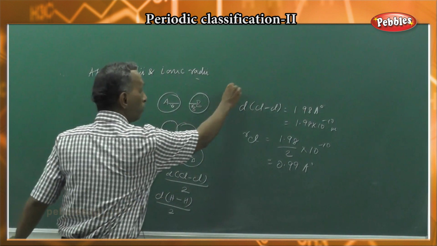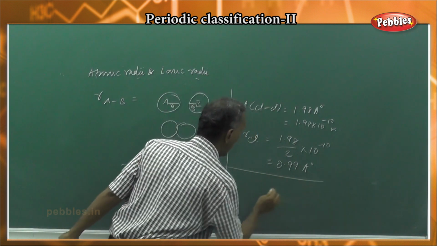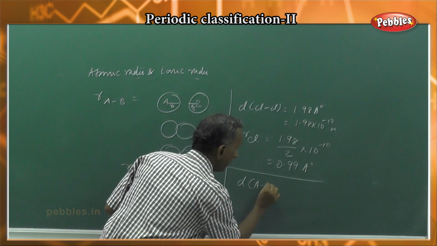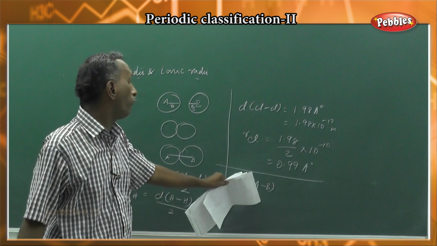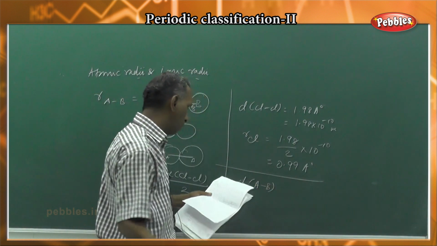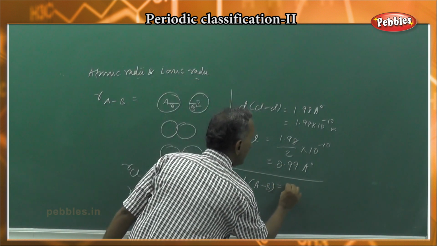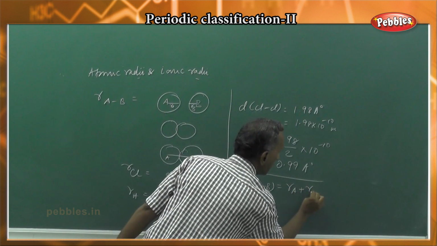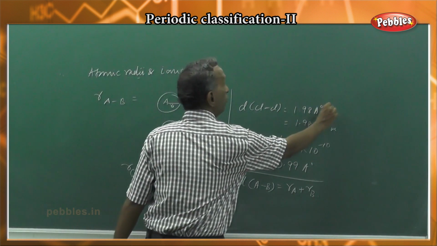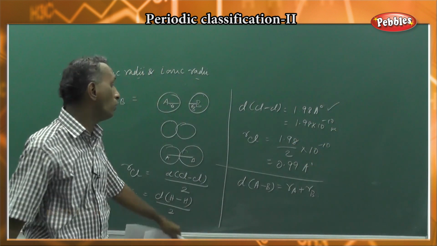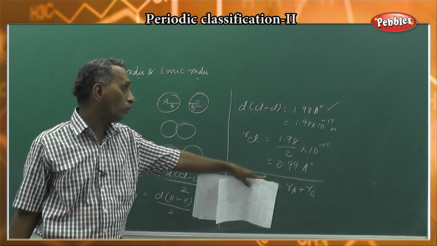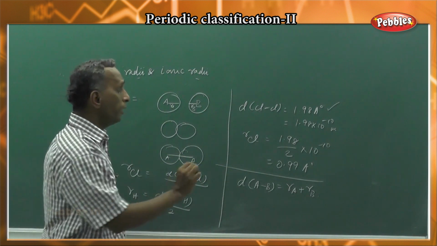This is for a homonuclear atom. If you consider a heteronuclear molecule of two different atoms A and B, the distance between them is defined as the sum of the radii of atoms A and B. So this is for homonuclear molecules, and for heteronuclear molecules, the distance between the atomic nuclei equals the sum of the radii of the individual atoms.